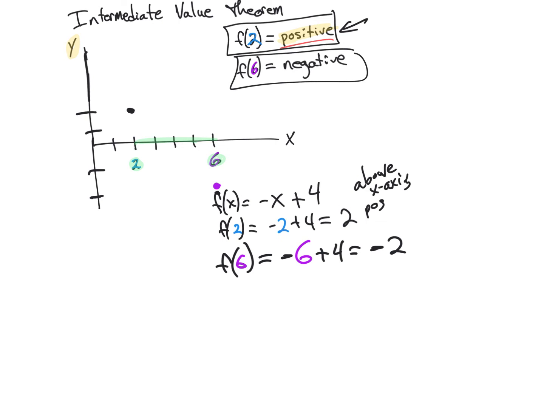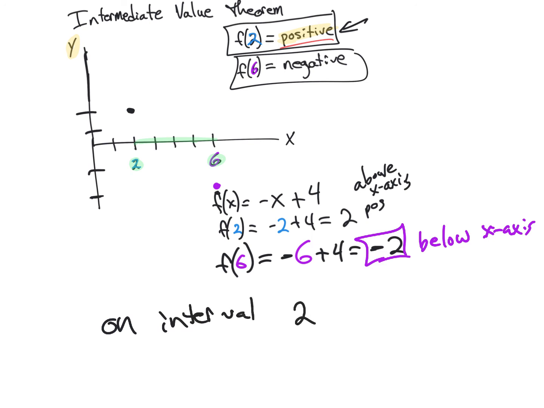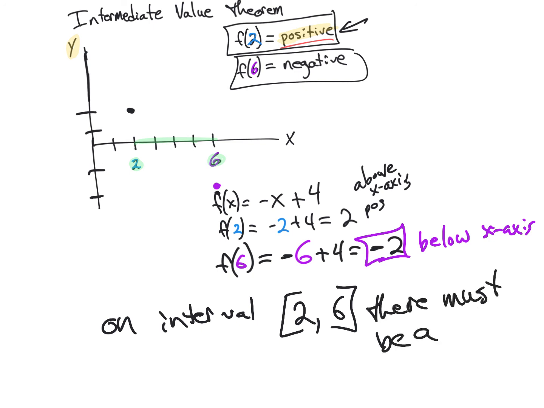So if I'm above the x-axis at 2 and I'm below the x-axis, right, because I got a negative, that just means that on this interval, 2, 6, there must be a 0. There must be somewhere that it's crossing the x-axis. All right, there must be a 0 here because we know that this is a continuous function.